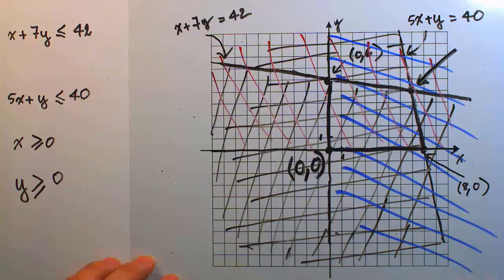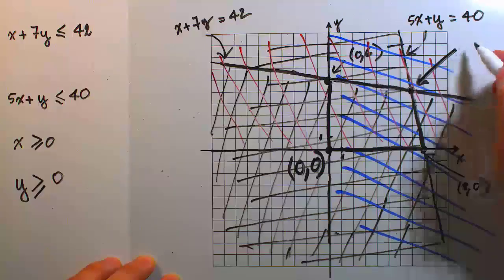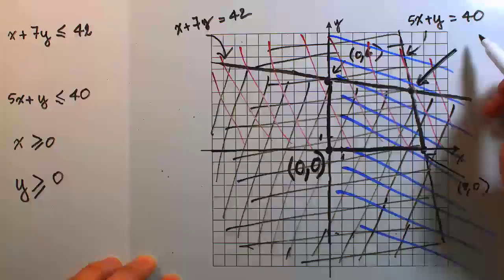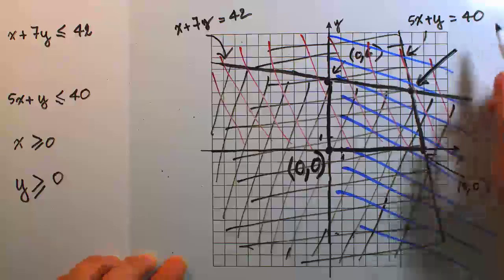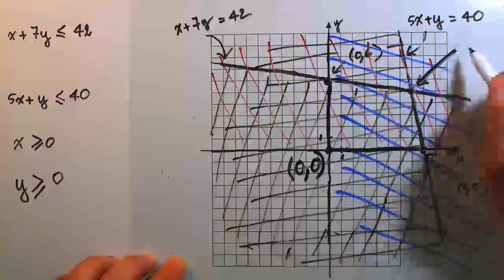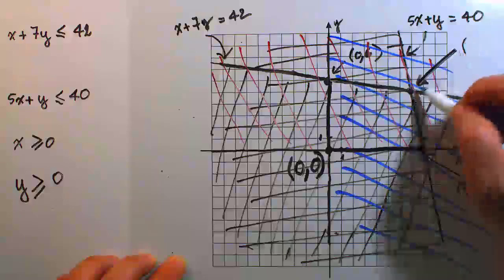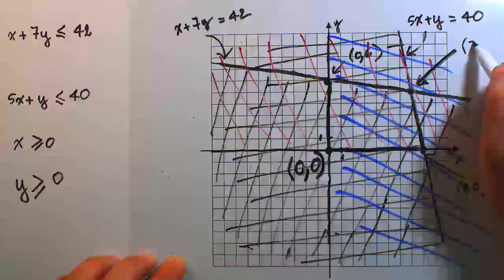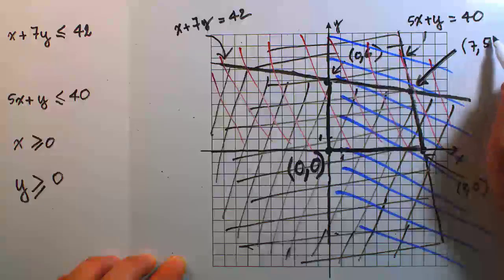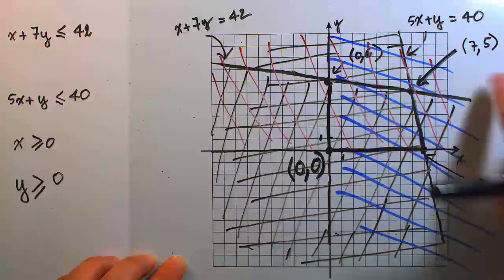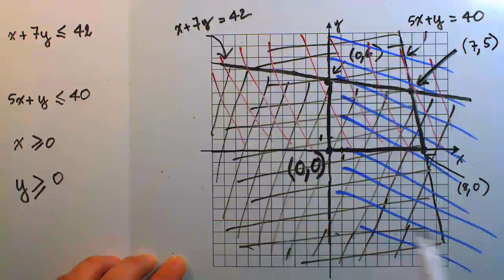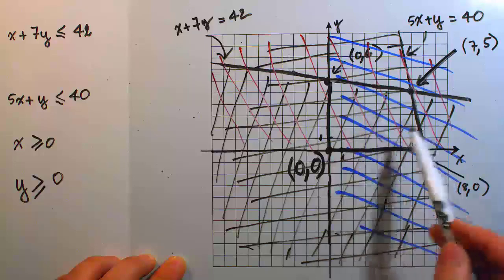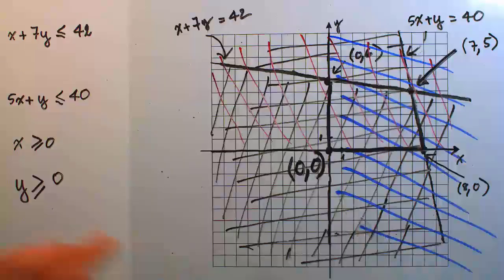All right, so now putting it all together on this graph right here, we have this last corner point that we were making so many steps to solve for, and that's the way it is a lot of times. So this corner point is at coordinates 7 for x, 5 for y, or for short, 7, 5. So now we have found the region being the solution of the 4 inequalities.